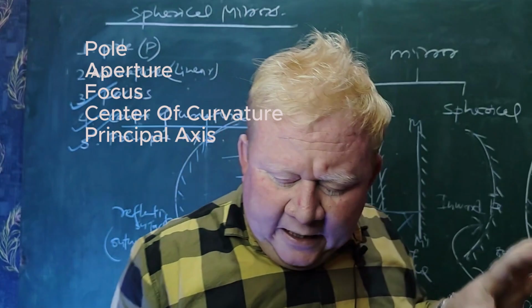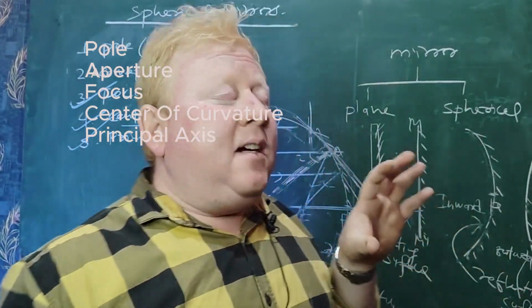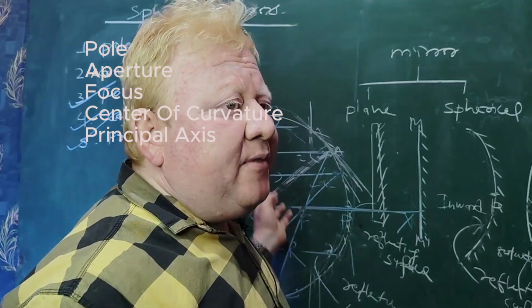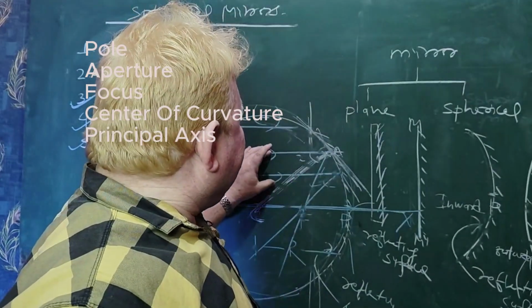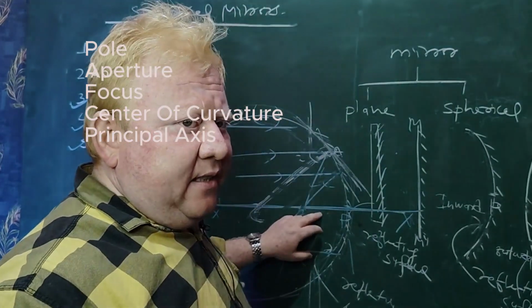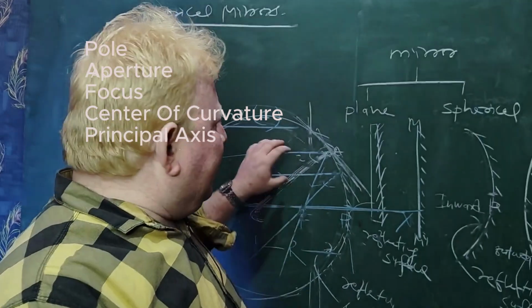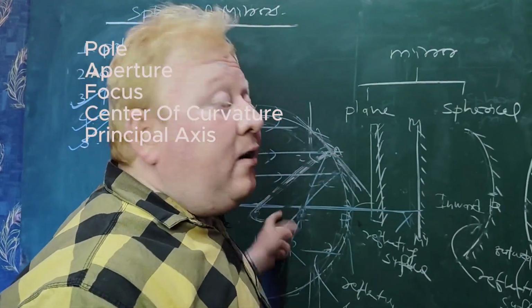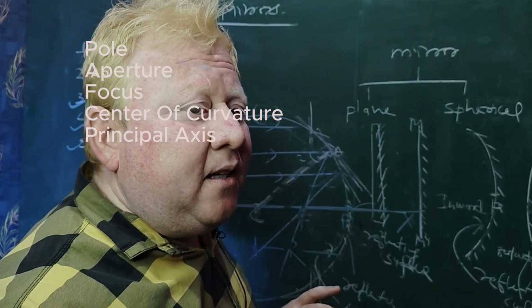there you can say that the point on the principal axis at which light rays coming parallel to the principal axis, after reflection, meet or appear to meet at the focus.